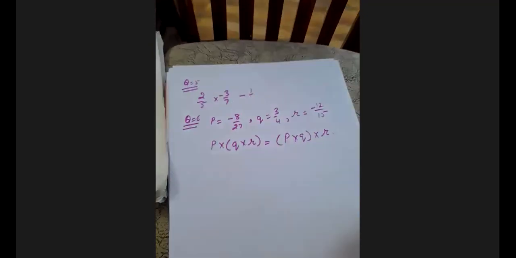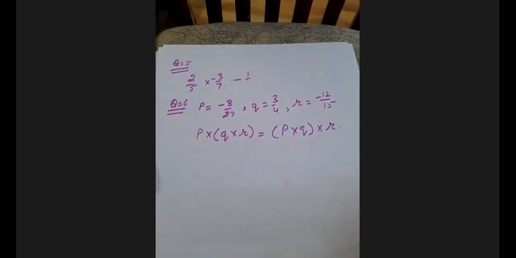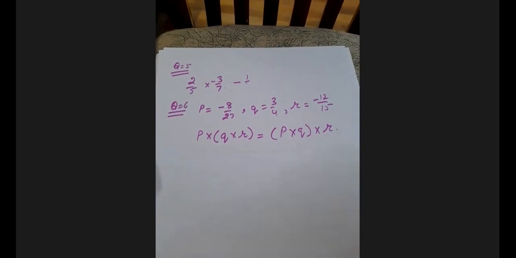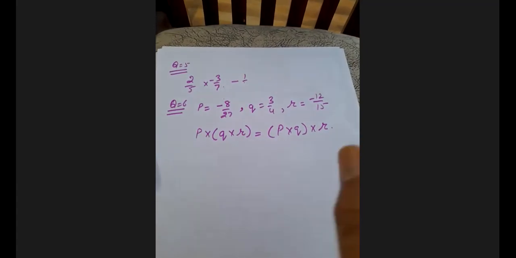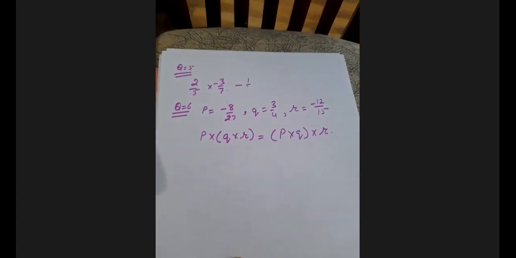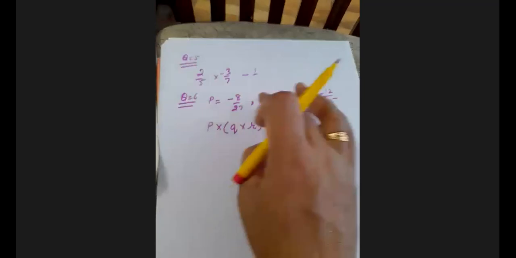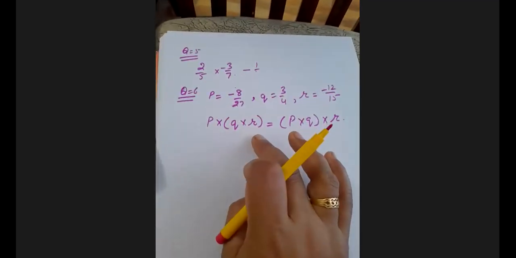Now, values of P, Q, and R are already given. Now, verify P multiply Q multiply R is equal to P plus Q multiply R. So, first step is to put these three values in the given equation.